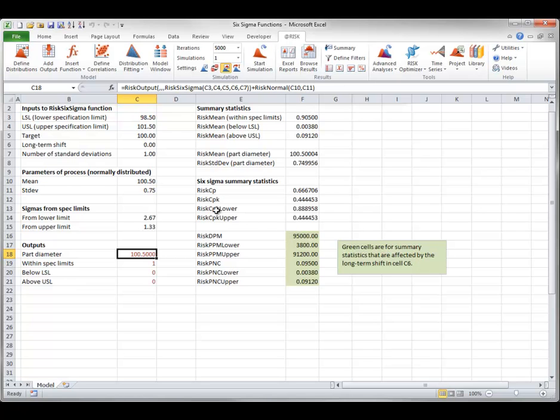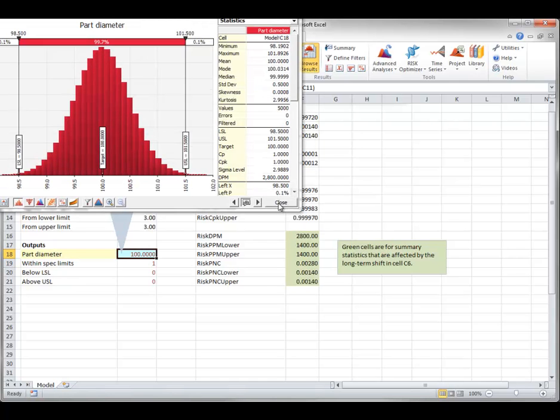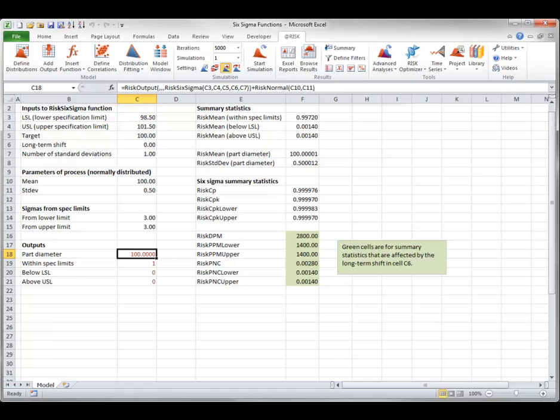Now I will set the mean and standard deviation back to their original values. And I will rerun the simulation again. Look at the summary statistics in column F. The first 5 are nothing new.